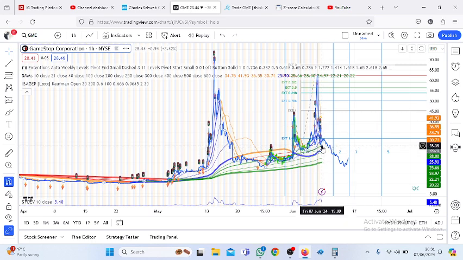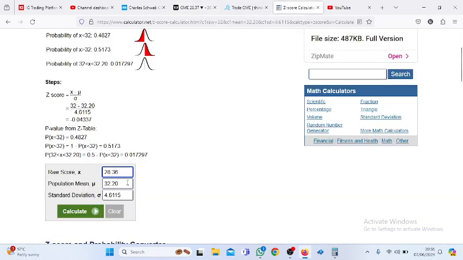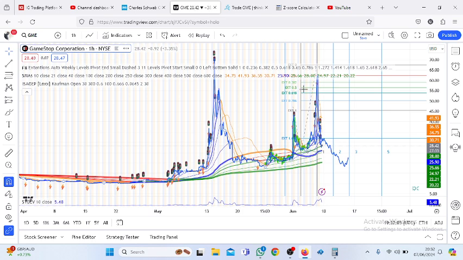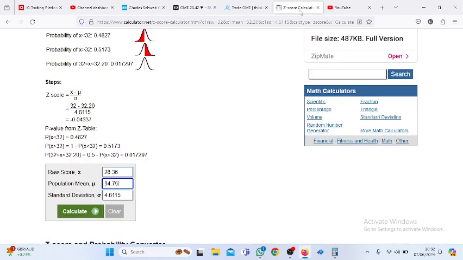The 10-hour moving average is 34.75. So there's a good chance it's going to give us a high probability of the trend continuing. Is it? We'll find out. And then a standard deviation of 5.48.